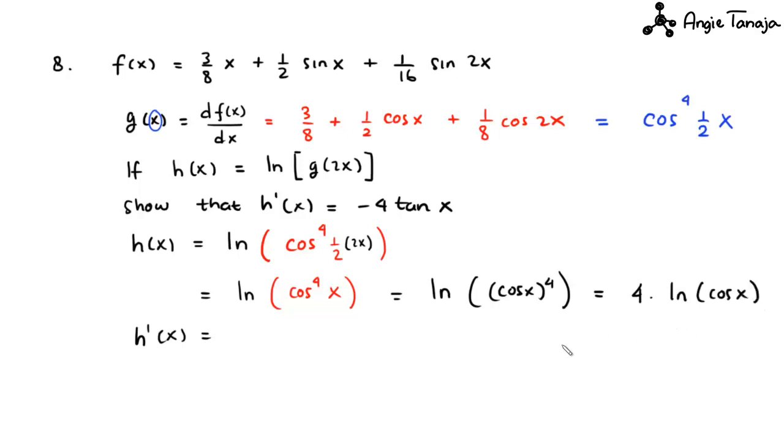So then the h prime will be just 4 times 1 over something here, cos x, times with negative sin x. So by doing so, you got negative 4 tangent x. Okay, lanjut.